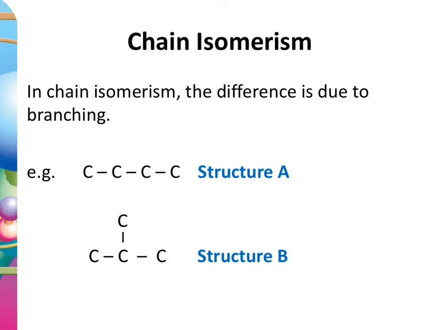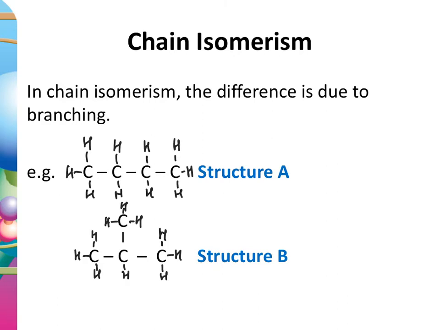So chain isomerism comes about because of branching, in essence. So actually what I probably should do here is just add the hydrogens. Okay, so there they are. So they both have the same molecular formula, C4H10, and yet we can see that the atoms are arranged differently.